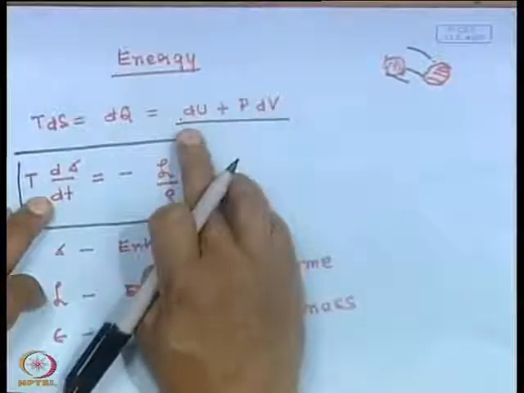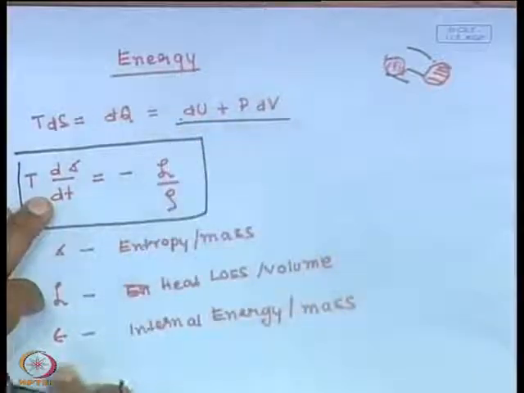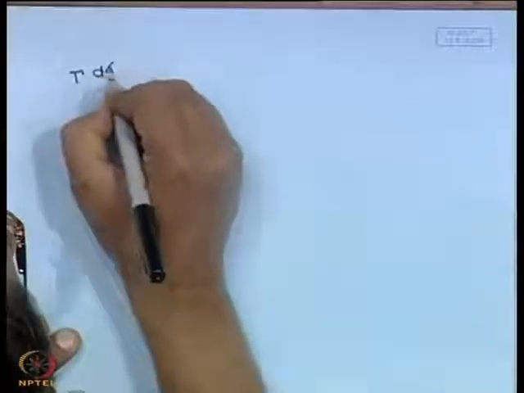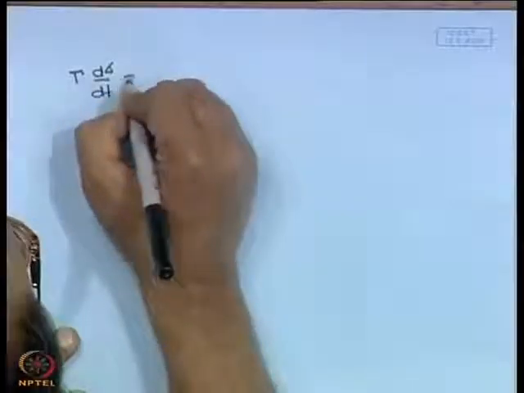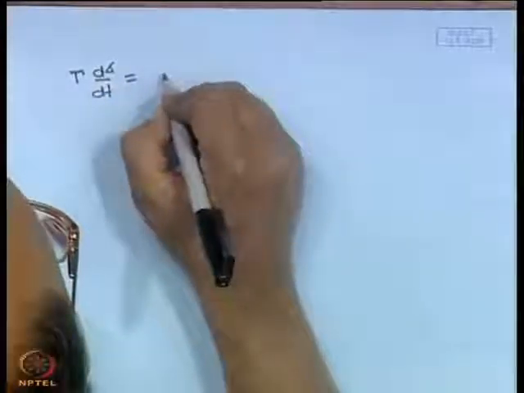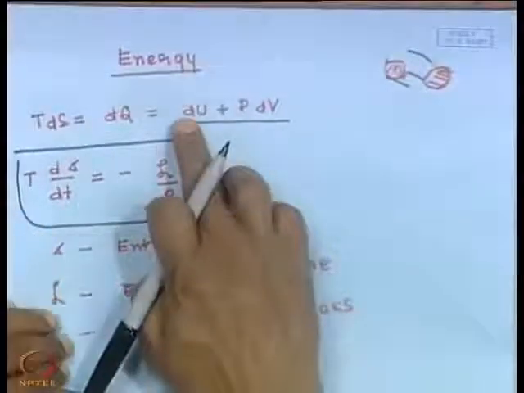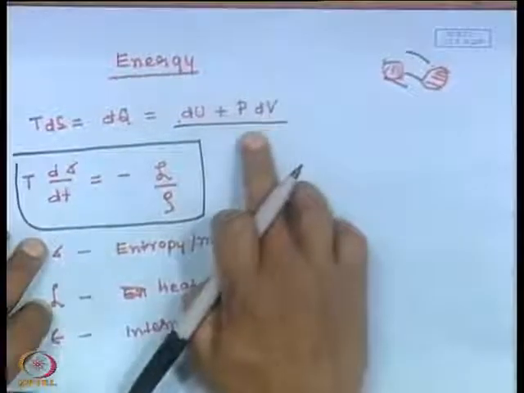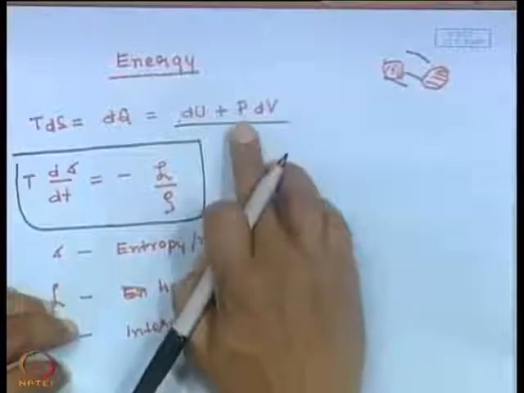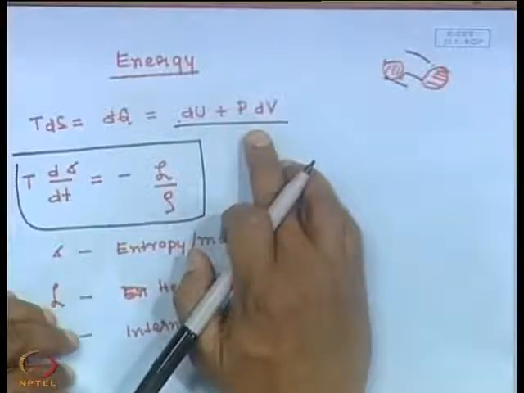I will have one term which is the rate of change of internal energy per unit mass, and this is going to be pressure times the rate of change of volume per unit mass.